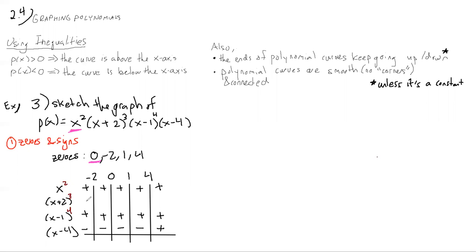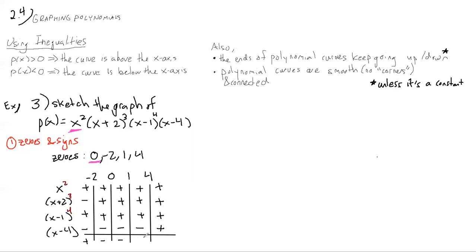So I know if I plug in like -3, I'll get -1, and the cube is going to keep it negative. Now, if I plug in -1, I will get +1, and the cube will keep it positive. And then everything after that will just be bigger and bigger. So this is going to be my sign setup. 2 negatives make a positive. 1 negative makes a negative.